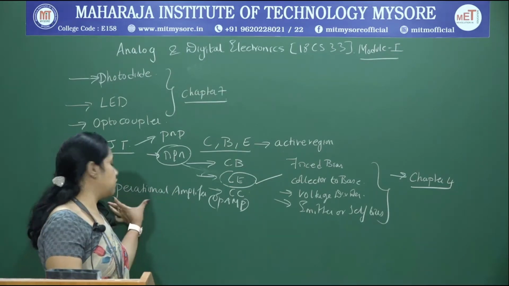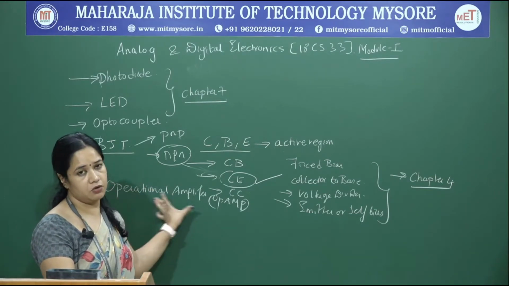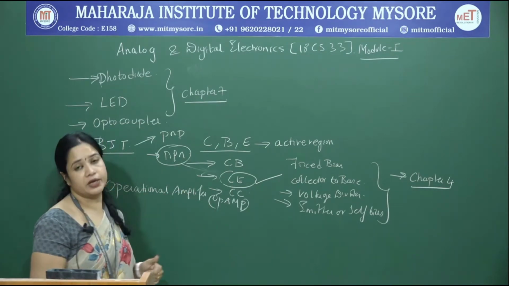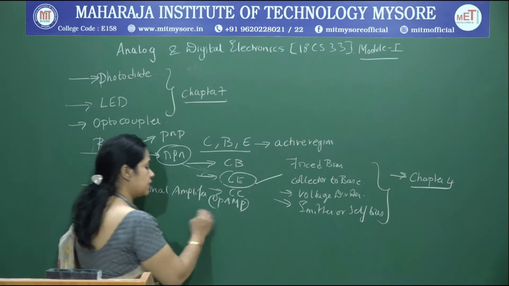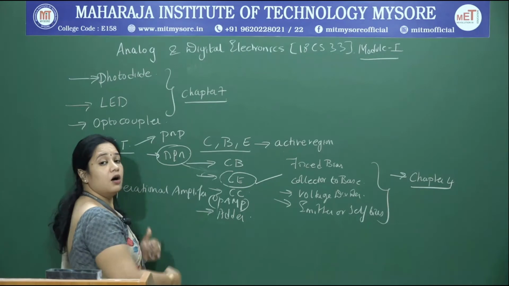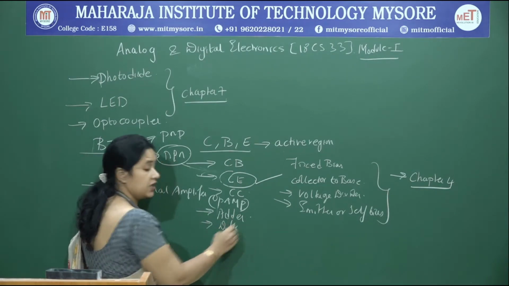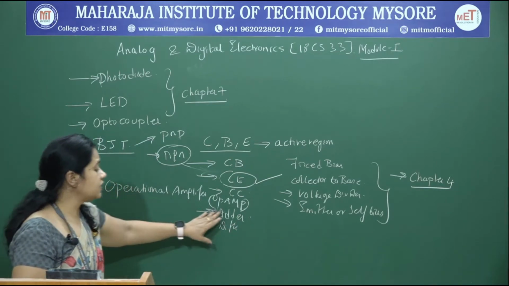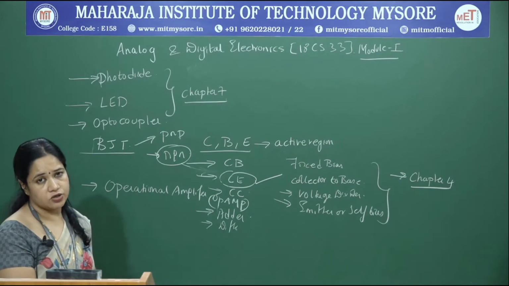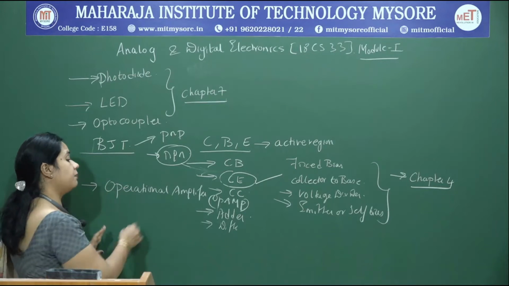We use the term operational with amplifier because it is used to do various operations, such as a summer, which can be used to add multiple signals. It can be used as a differentiator, as an integrator, and so on. All these fundamental applications of the op-amp you have studied in your basic electronics, and in this course we will take up advanced applications like the peak detector.